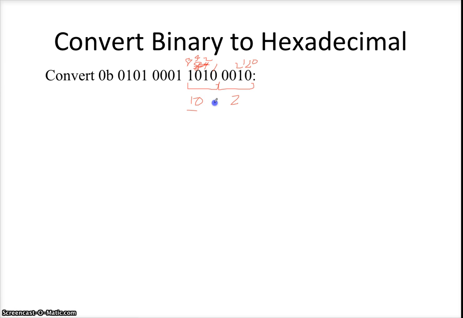But you know, 10 doesn't exist in hexadecimal, right? So we're going to have to convert that to A, all right? Because 10 decimal is equal to A hexadecimal. This guy, 0001, is just 1 hexadecimal. And this guy here would be the 1's column, 2's column, the 4's column, so this will be 5, okay?